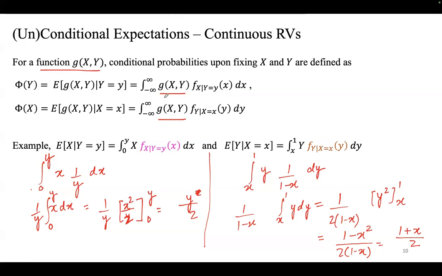Okay, ma'am. You just mentioned the top, unconditional expectation or a conditional expectation. What is the difference between conditional and unconditional expectation? We have seen so far only conditional distribution, conditional expectation. Here we are going to see unconditional or just conditional expectation.